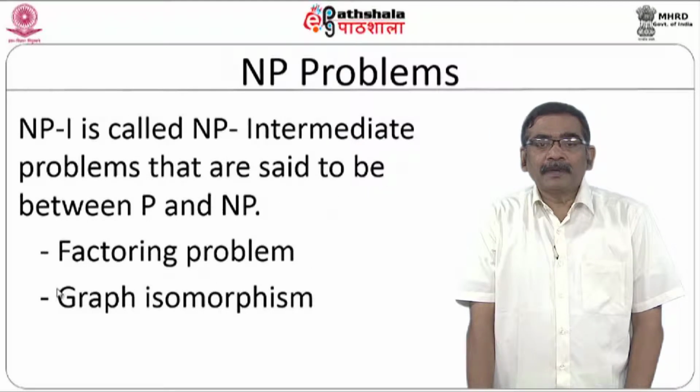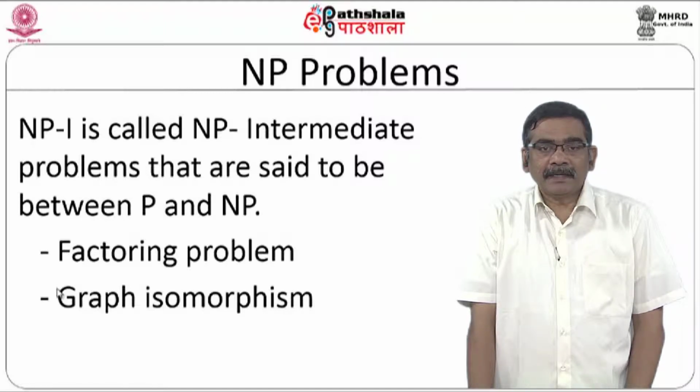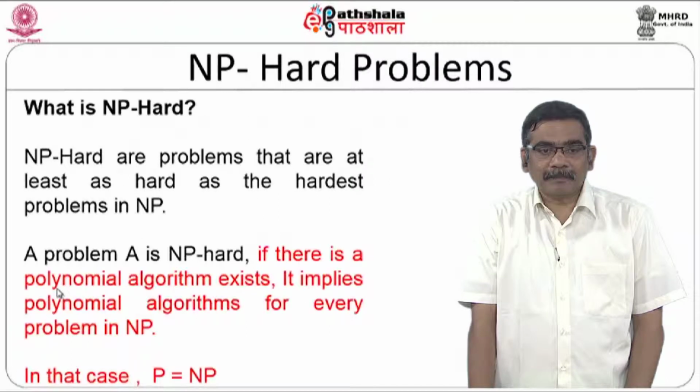And you have one more category called NPI, or NP intermediate problems, that are said to exist between P and NP. NPI consists of problems like factoring and graph isomorphism.